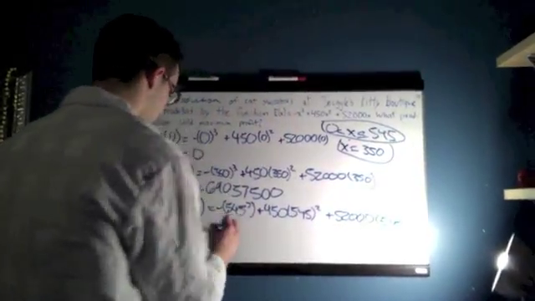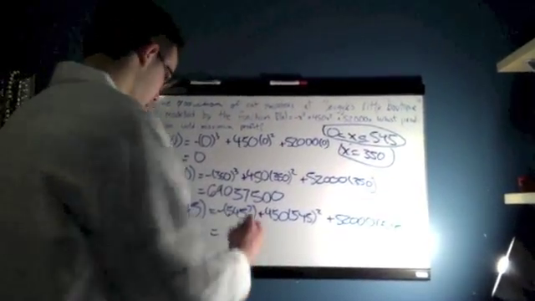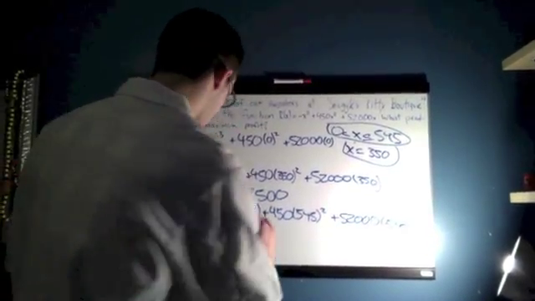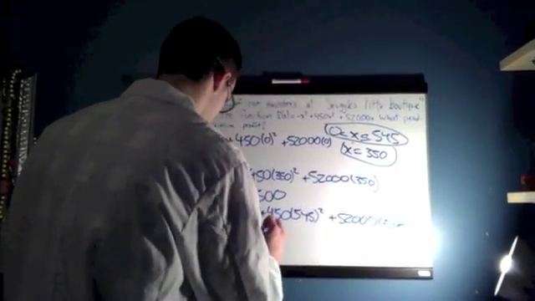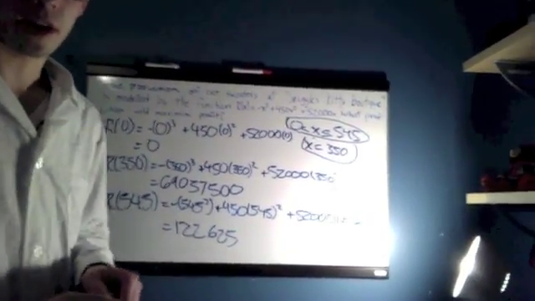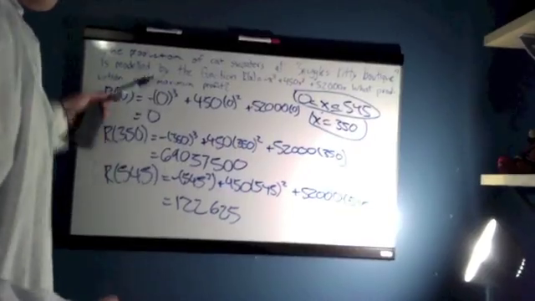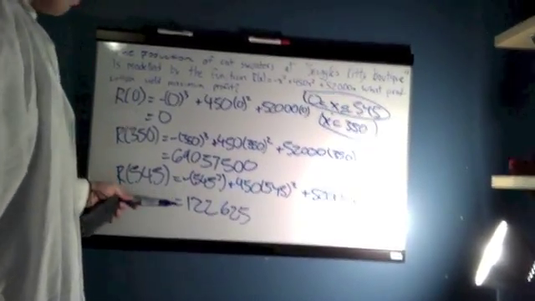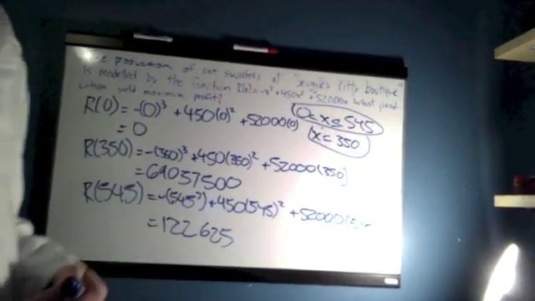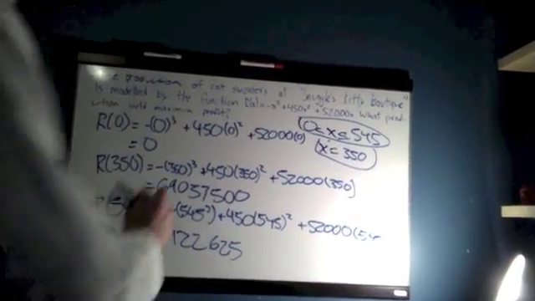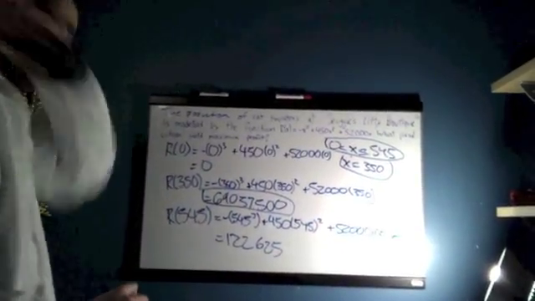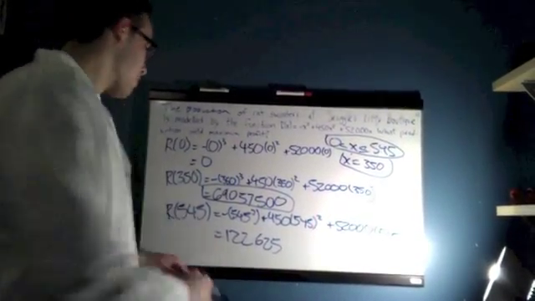So this value comes out with my algebra, which hopefully you trust, and I trust as well, to 122,625. So if we compare these values, 0, 122,625, and 69 million and some, it's clear that 69 million is much higher than the other two values.